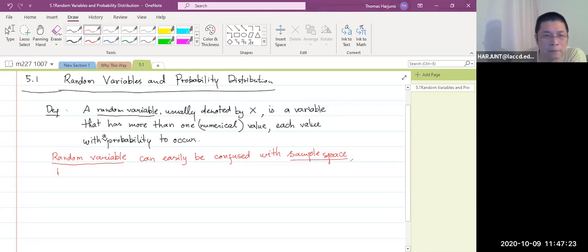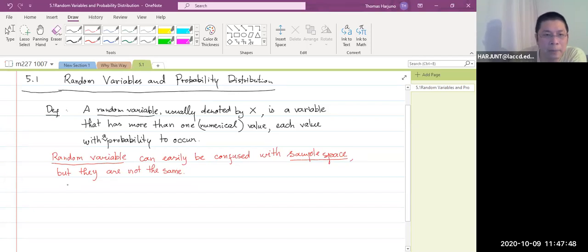But they are not the same, at least not in general. In some cases, the random variable happens to be the same as the sample space, but in general, that's not the same.